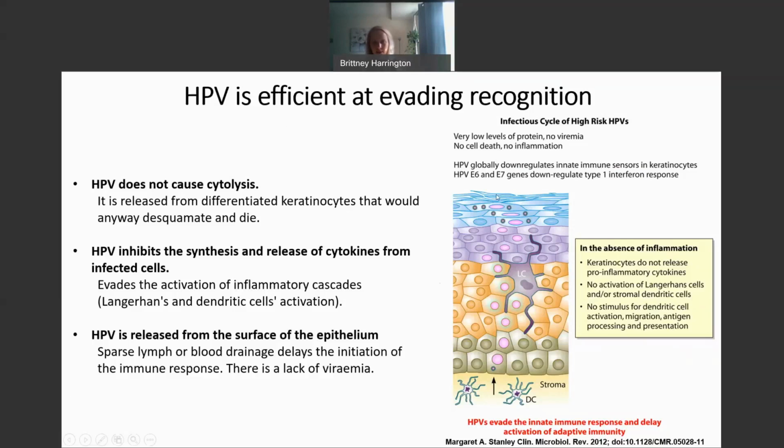At the cell surface, there's very little blood vessel that reaches all the way to the top, so you don't get detection in the bloodstream, so there's no viremia, which is virus within the blood. So it's really very sneaky and has a lot of ways that it can evade recognition by the immune cells.